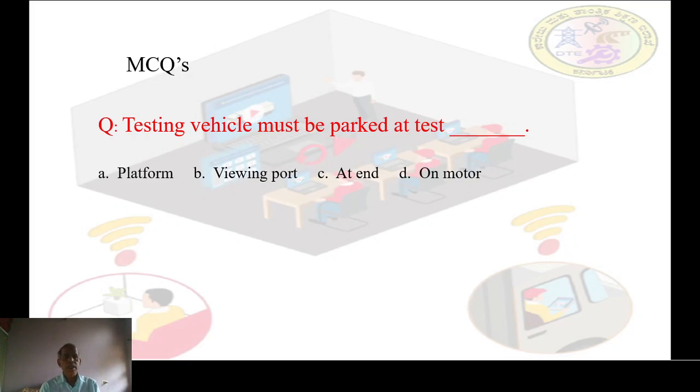For your study purpose, I will give some multiple-choice questions, just see there. Number 1: the testing vehicle must be parked at the test blank. Multiple-choice answers: A, platform; B, weaving port; C, at end; D, on motor.